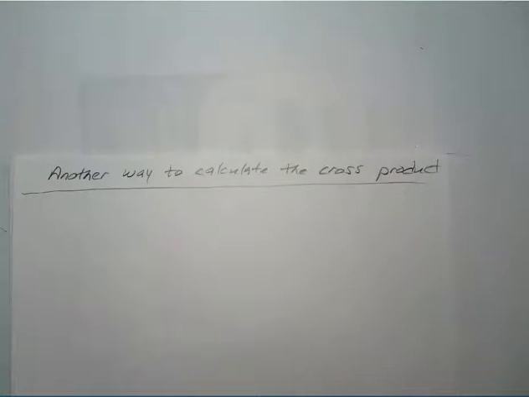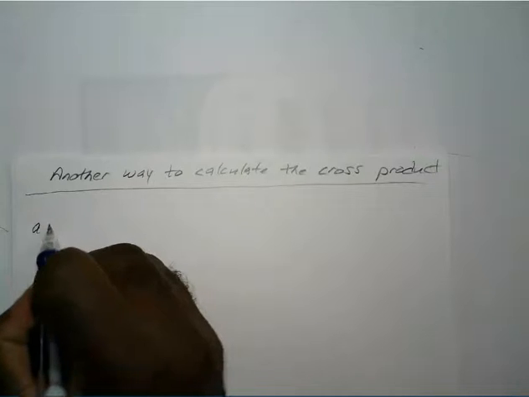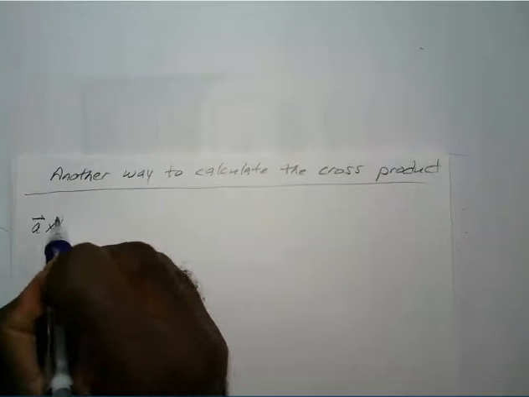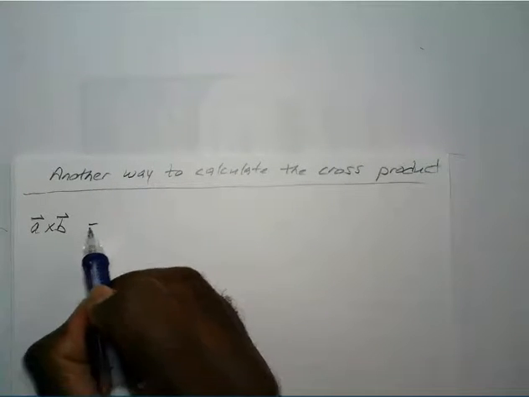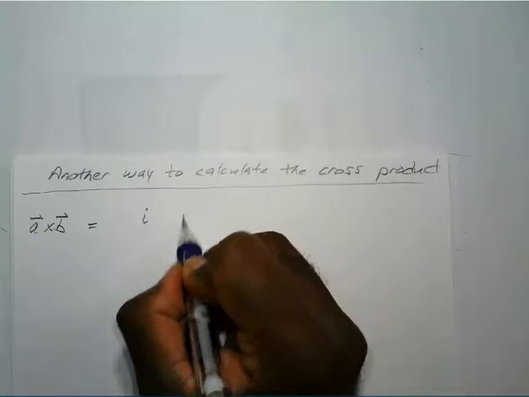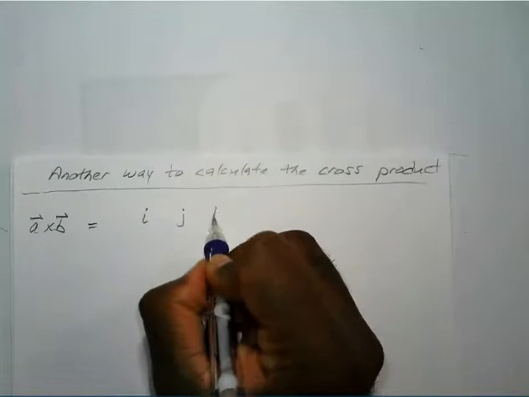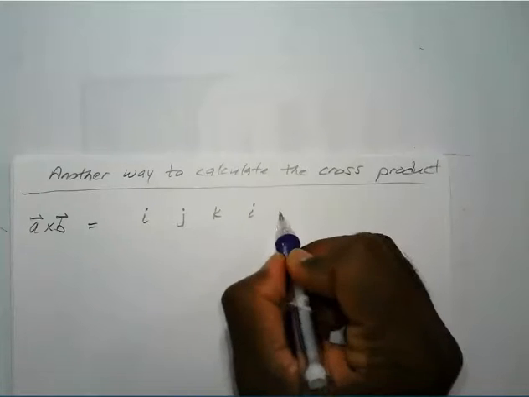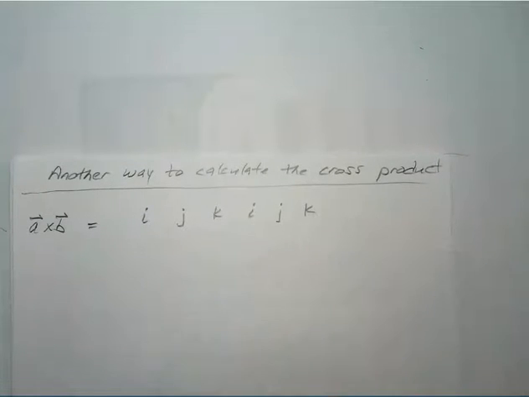All right. So we have the cross product of A and B. What we're going to do is write our I, J, K, I, J, K. So we're just going to write that twice.